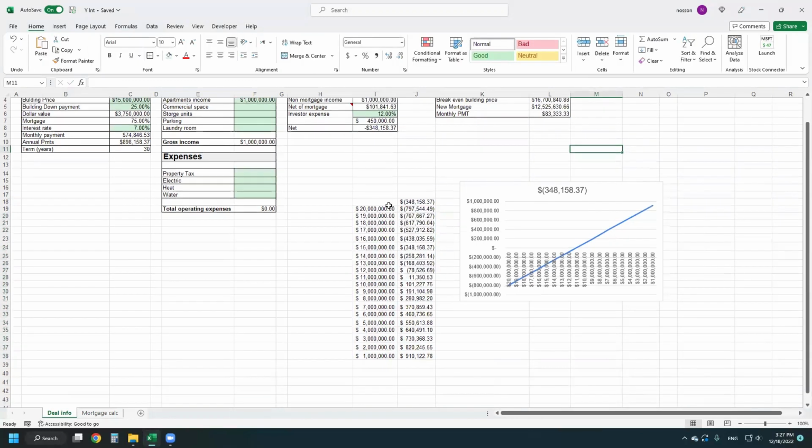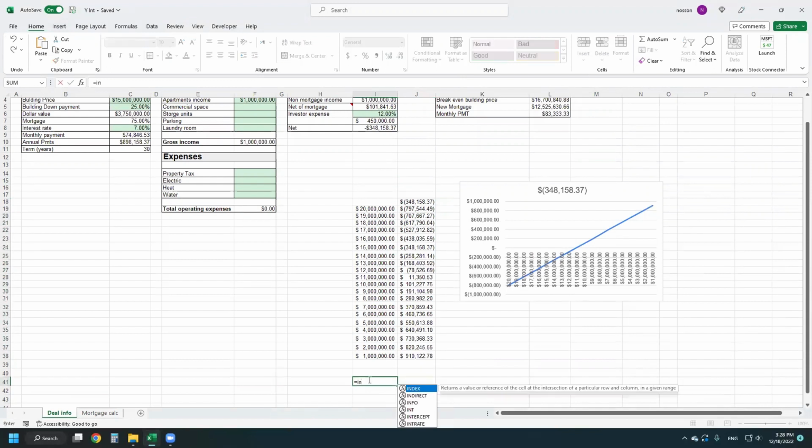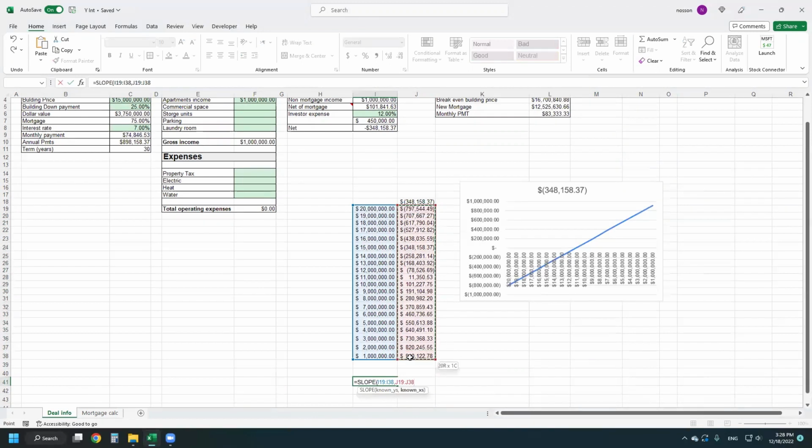To confirm that it's linear, we can do equals INTERCEPT. Before the intercept, if you do equals SLOPE, known y's is the y-axis, known x's is the x-axis.